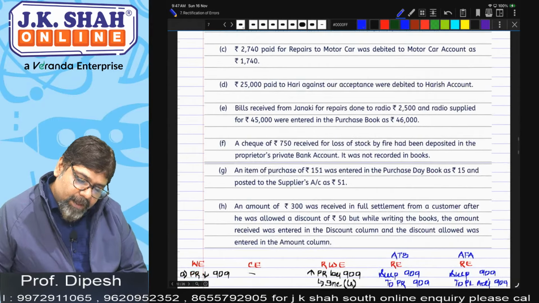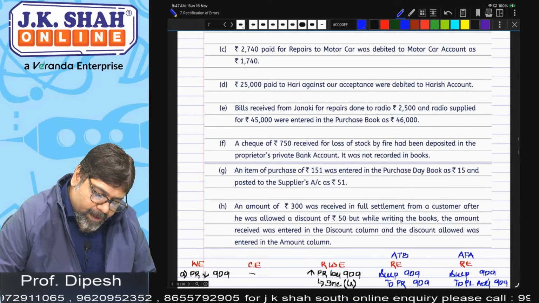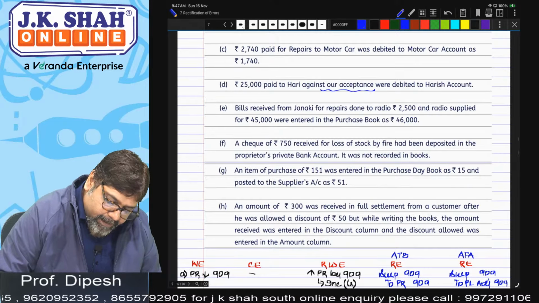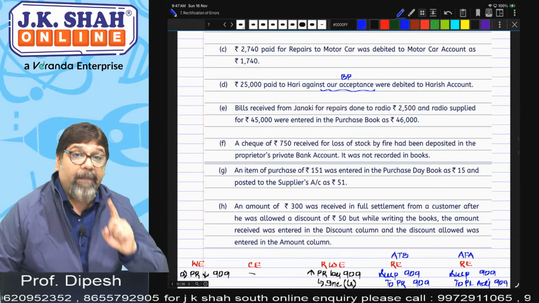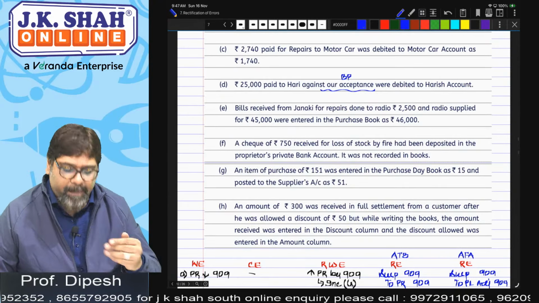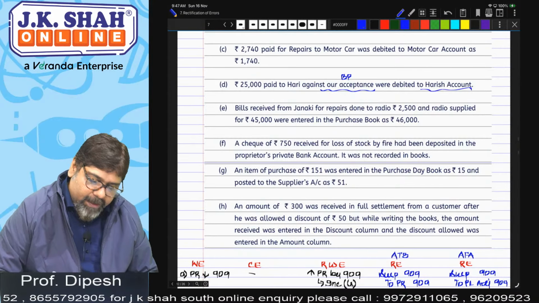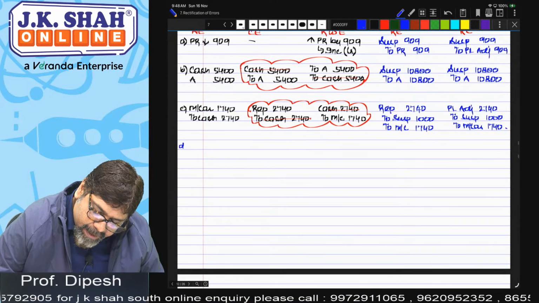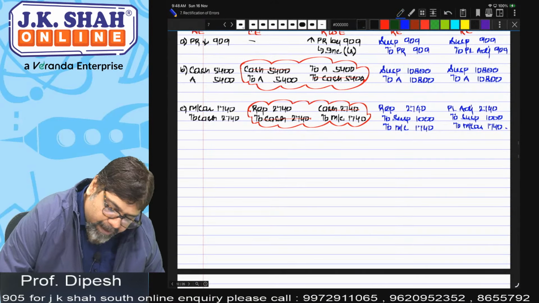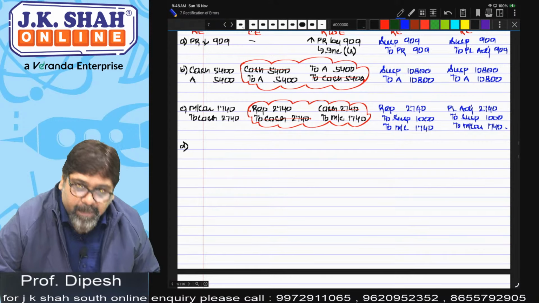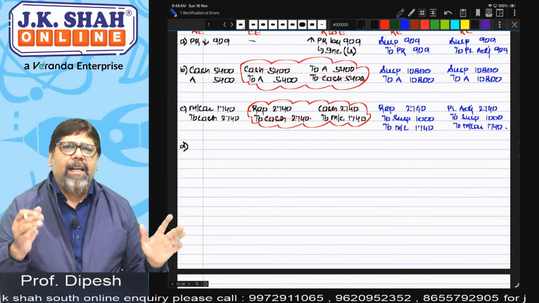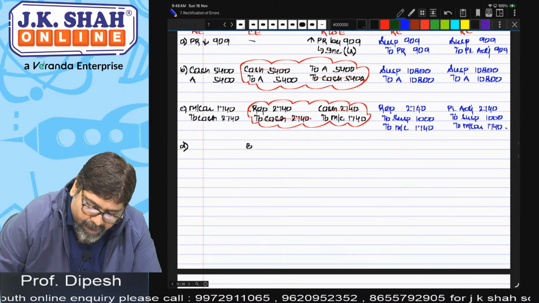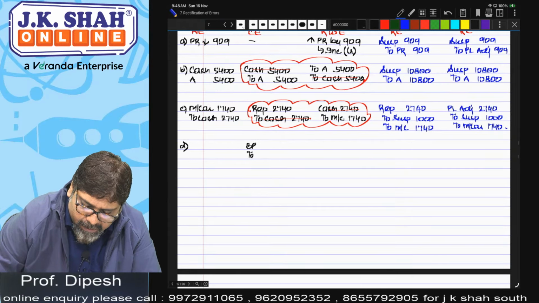Now, rupees 25,000 paid to Hari against our acceptance. Our acceptance means bills payable. So you have paid against bills payable, and it was debited to Harish's account. Oh my God! We have paid whom? We have paid Harish against bills payable. If we have paid against bills payable, the journal entry should have been bills payable to bank.